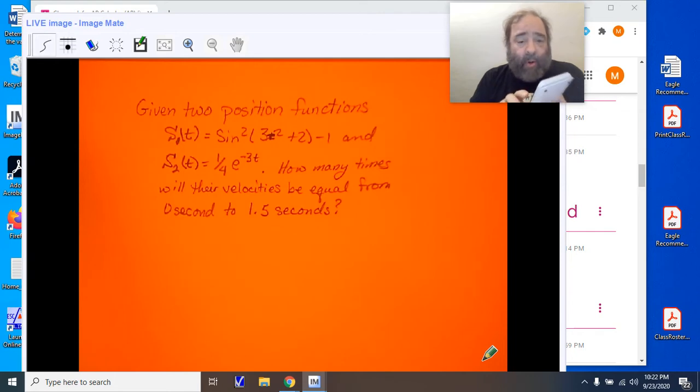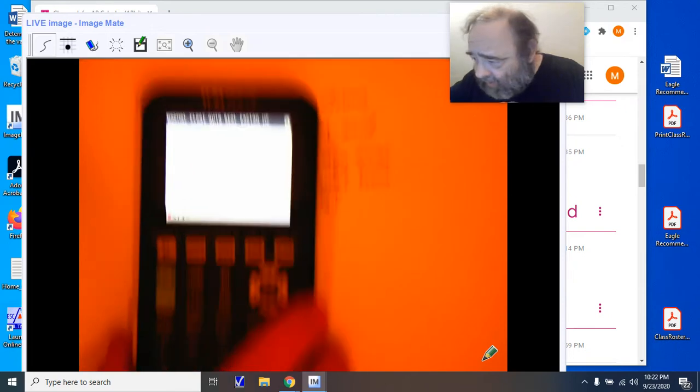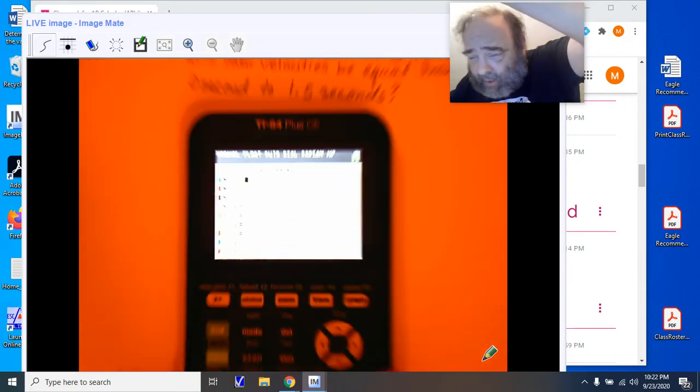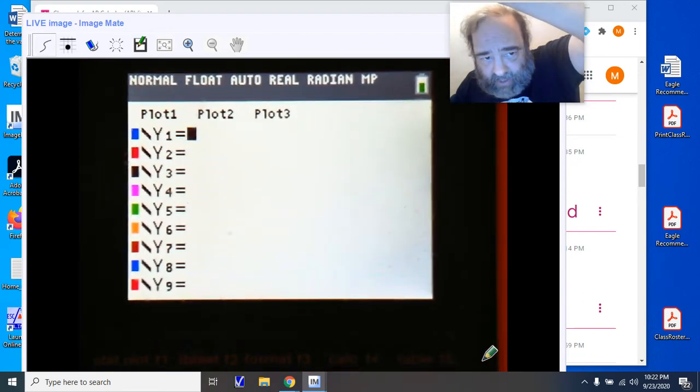So we're going to start by putting into our calculator under S1 and S2 the two equations. Now you'll notice there's a sine squared here. So we're going to have to use parentheses around the sine of 3t squared plus 2 and then put our quantity squared. So we can't write it the same way, and we have to be careful with that. So let's zoom in on our graphing calculator. We're going to put both equations in as best we can.